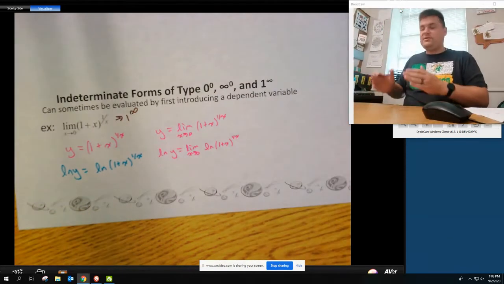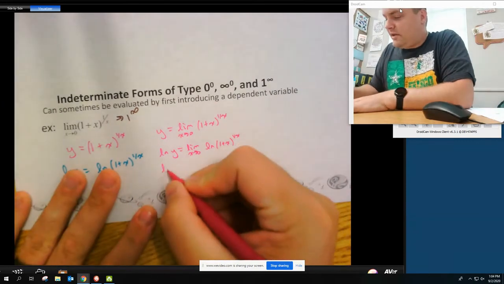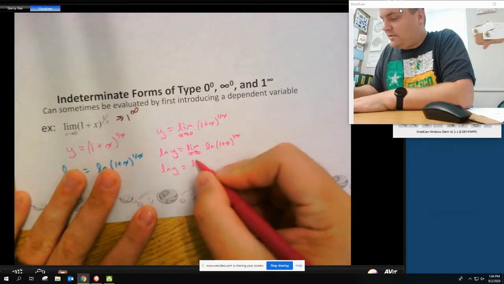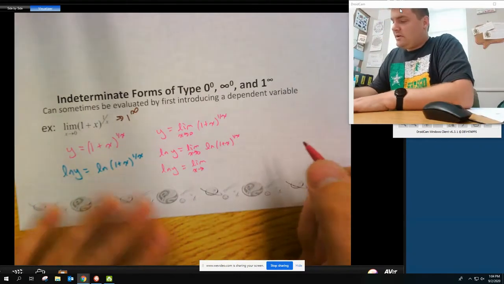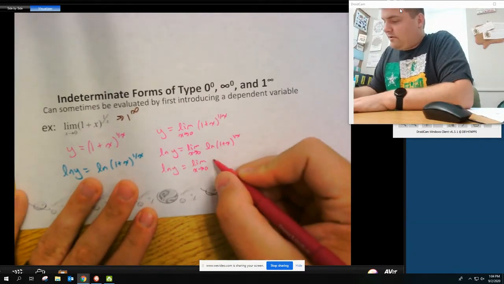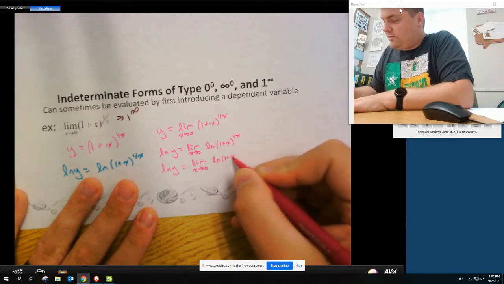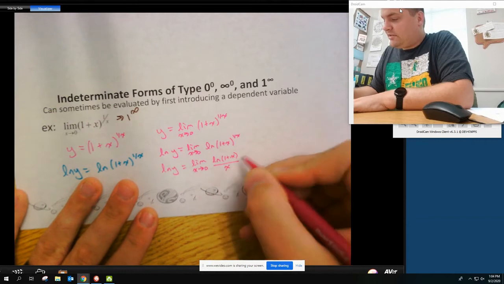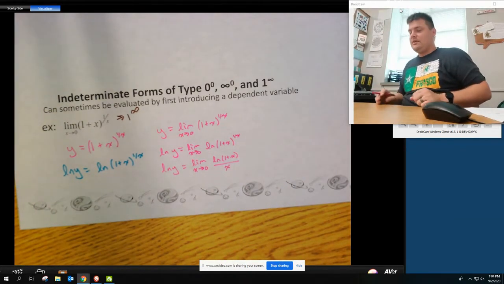Now the whole reason we do this is so we can put that 1 over x out in front. So ln of y is going to equal the limit as x approaches 0 of 1 over x. So I'm just going to put this into the fraction like this. So that turns into the ln of 1 plus x all over x.